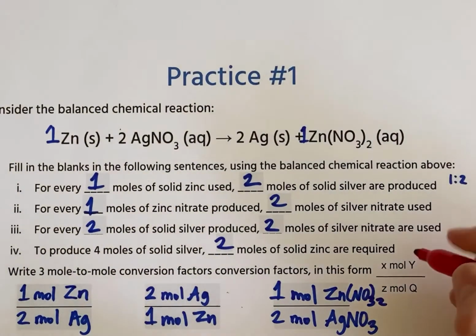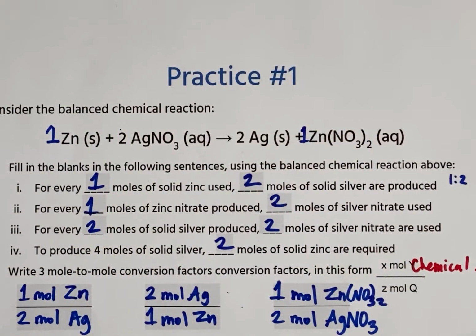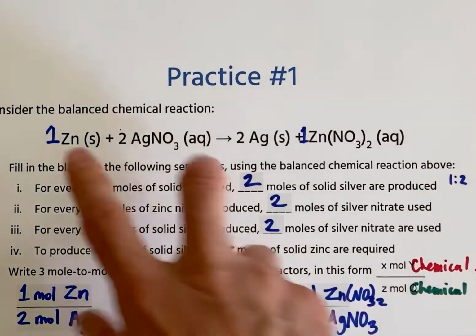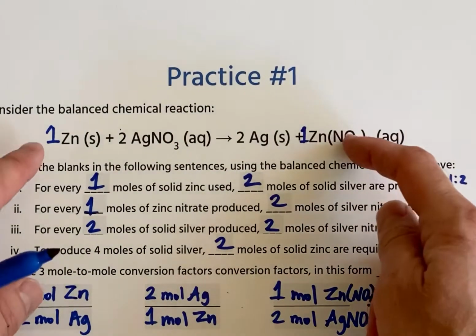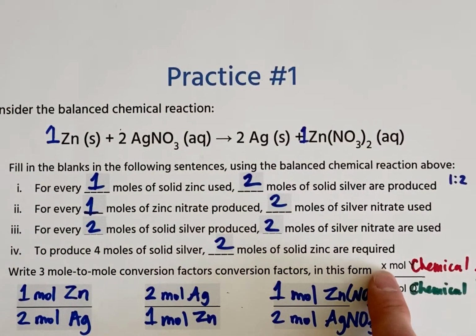I just said X moles of chemical A, and instead of using Q, I use chemical B. So remember, the conversion ratio is comparing chemical A to chemical B. Whichever 2 chemicals you're calling A and B, we're just comparing 2 chemicals in a balanced reaction, and you write how many moles of chemical A over how many moles of chemical B. And we know that the conversion ratios, you can flip them upside down if you need that.